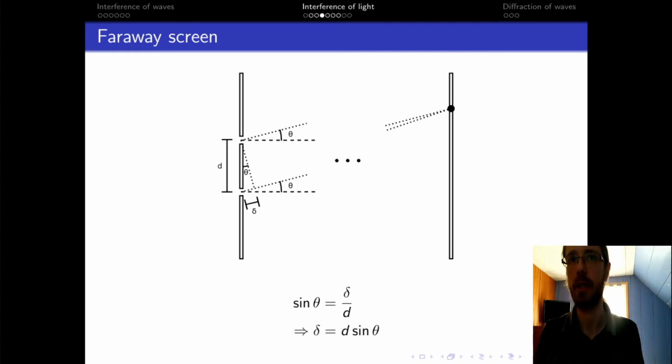Again, by geometry, here we have a 90-degree angle between this line and the other dashed line. I defined them to be perpendicular to each other. So we have the sine of this angle, which is equal to delta over the hypotenuse d, which I wrote over here. Be very careful, this is only true if the screen is very far away. Otherwise, it is not.